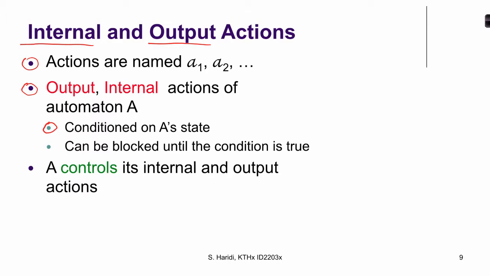So you perform the output action depending on its local state, and it can be blocked until the condition on the state becomes true. We say that the automaton A controls its internal and output actions. We are going to see examples of that in the next units. This is just a quick overview.